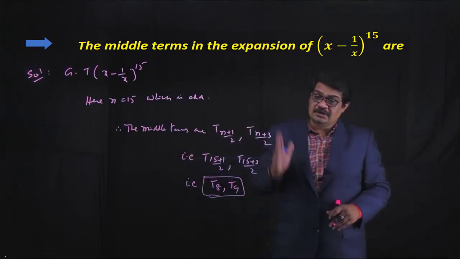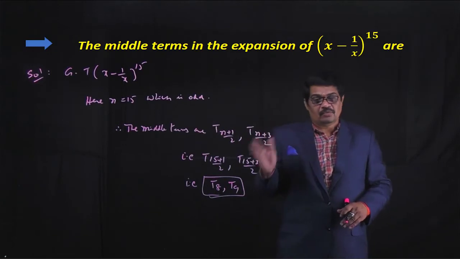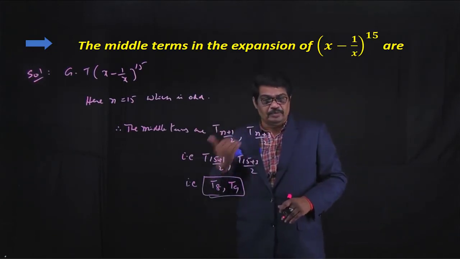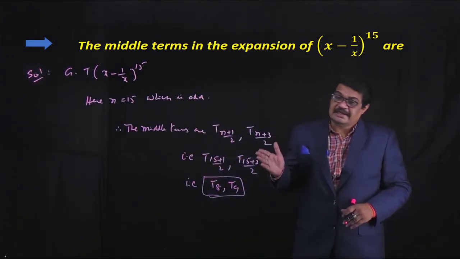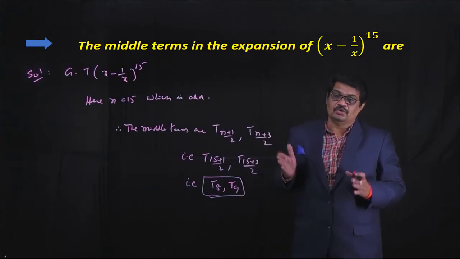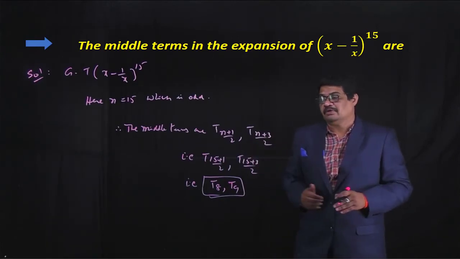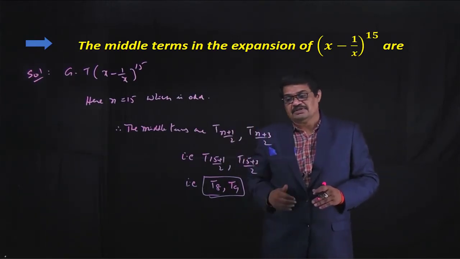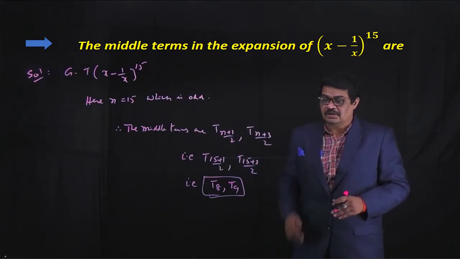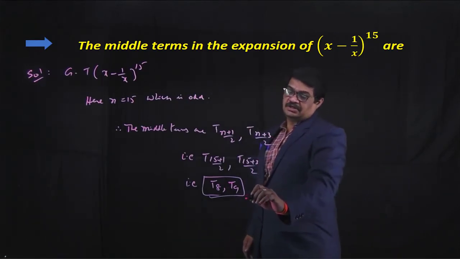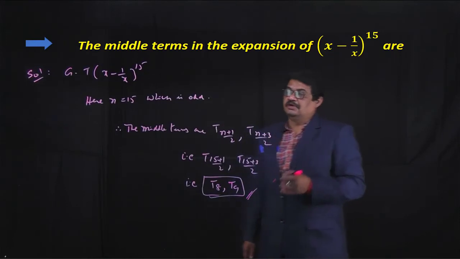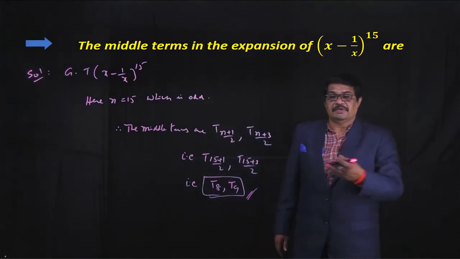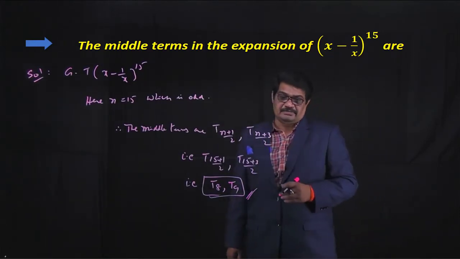If n is even, then there is only one middle term, T(n/2+1). Here n is odd, so we get two middle terms, T8 and T9. The 8th and 9th terms are the middle terms in the given expression.